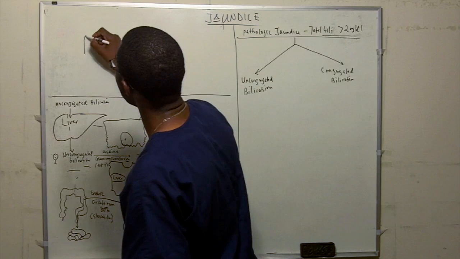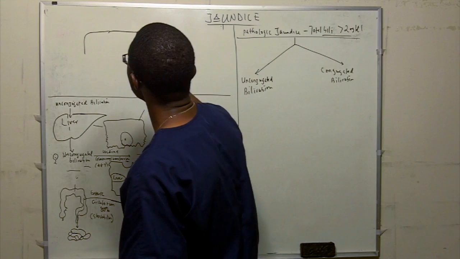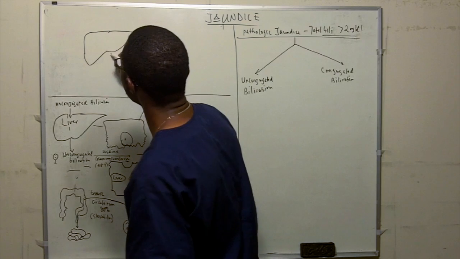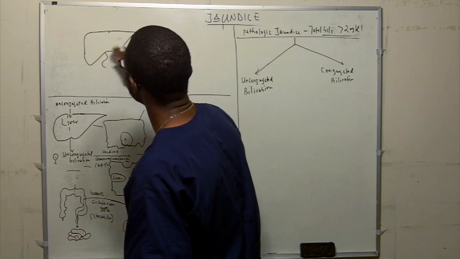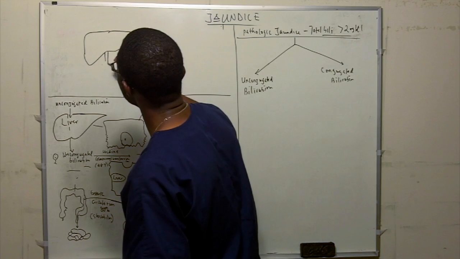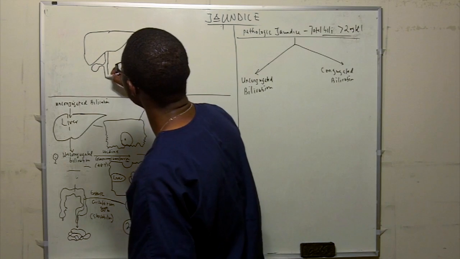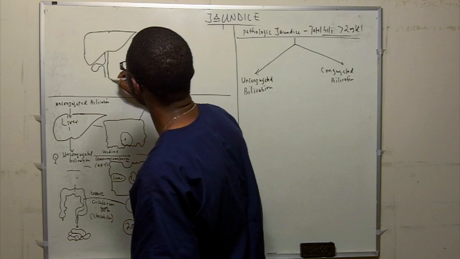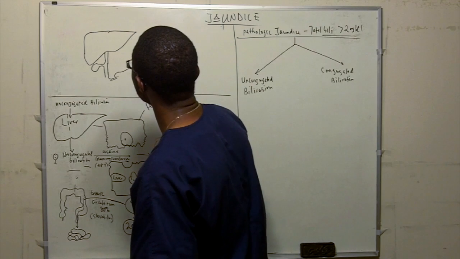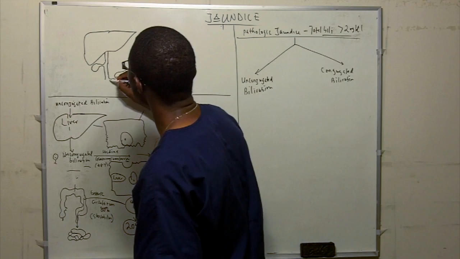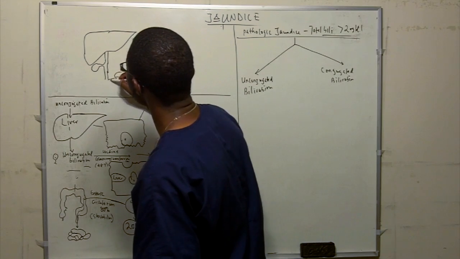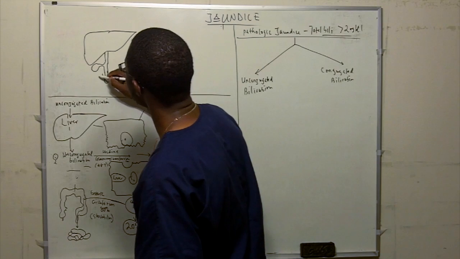So this is our cute looking liver, right? He's got coming out of it the biliary and the cystic. There you go. All right. It's got a nice cute looking pancreas in there. Coming together here, we form our sphincter of Oddi again.